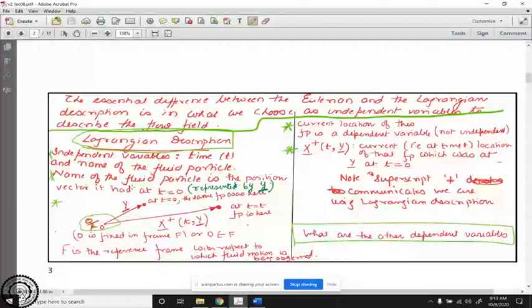At the instant the motion started, you know the location of all fluid particles and you name them like that. I'm showing a diagram here. I hope it makes more sense.